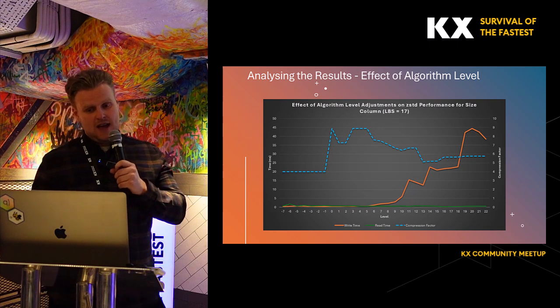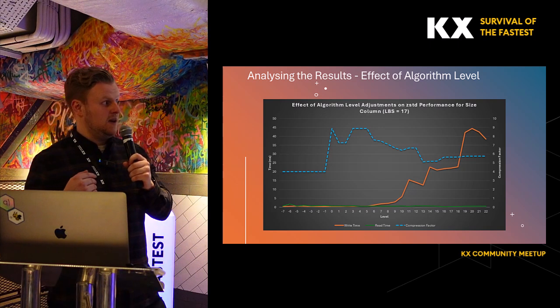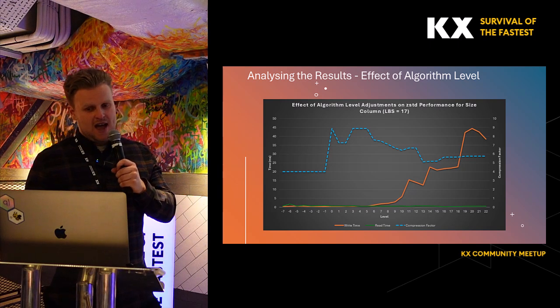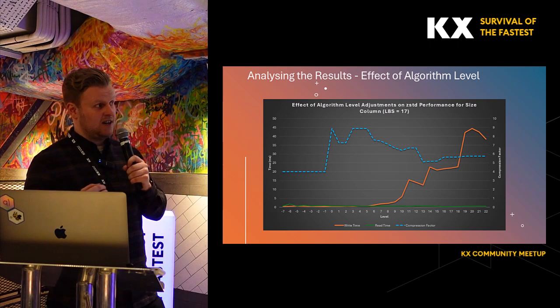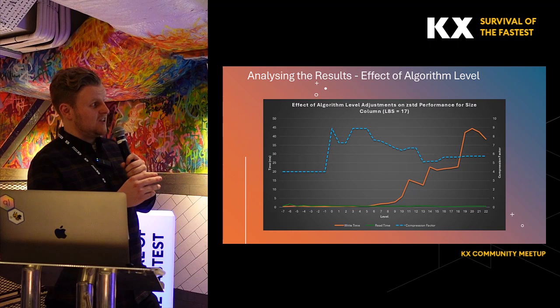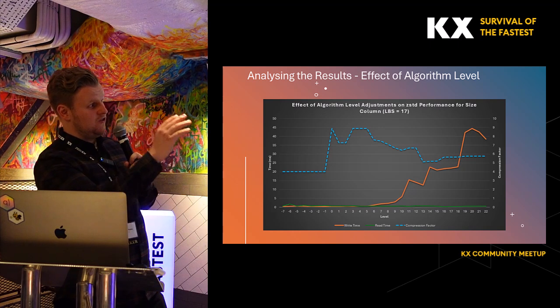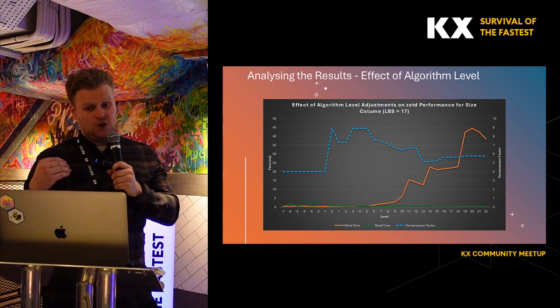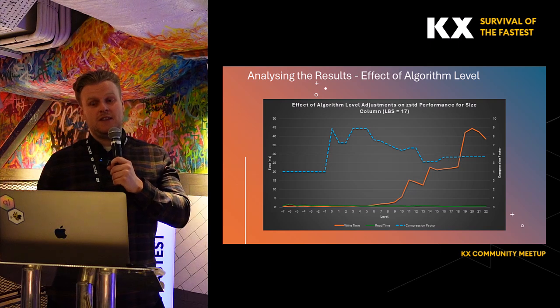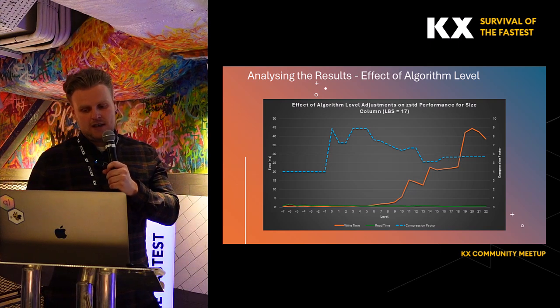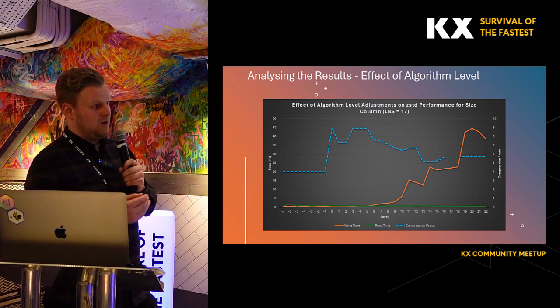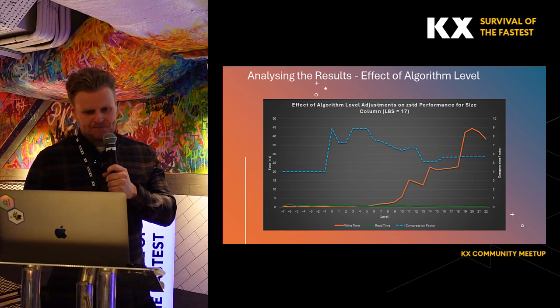Generally, as we increase the algorithm level, that's supposed to be a more aggressive compression, and you'd expect the compression factor to rise. You can see here it actually rises at the start, but then drops off again. So just choosing the most aggressive values might not necessarily give you the best results for your data. So that's why a test like this needs to be run.